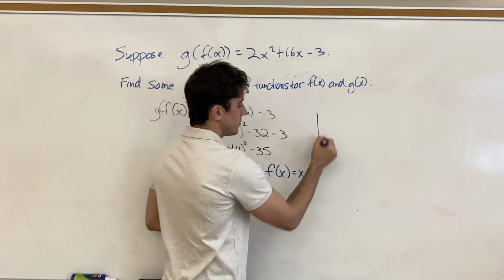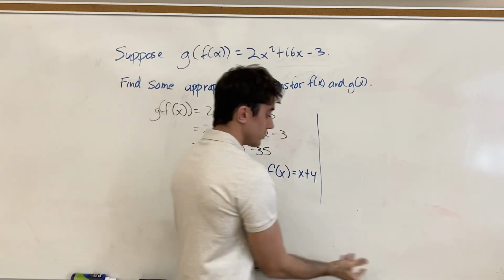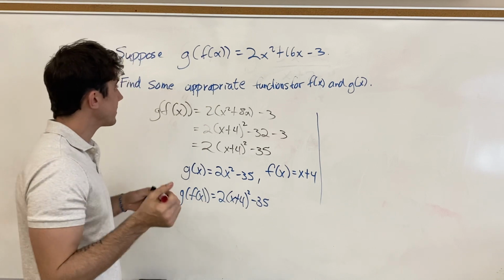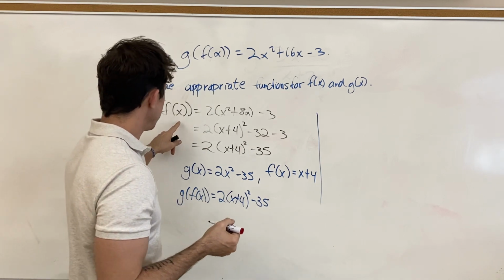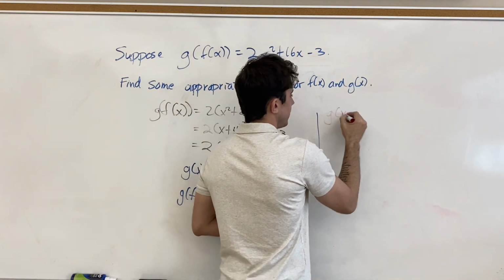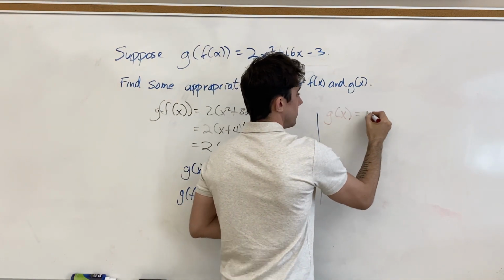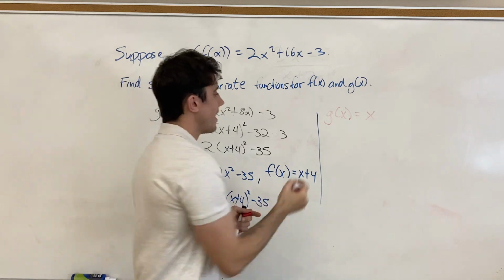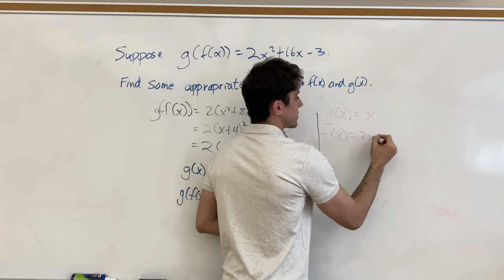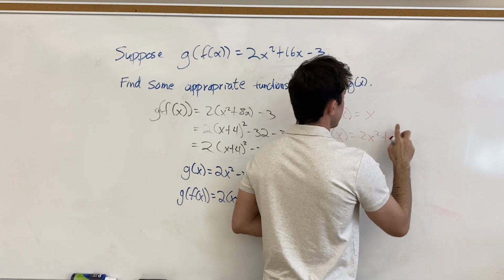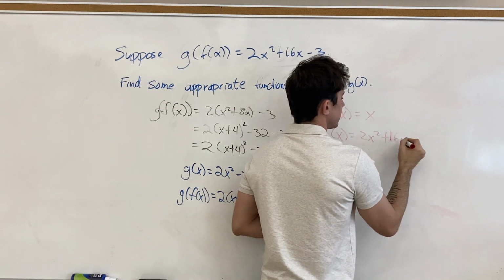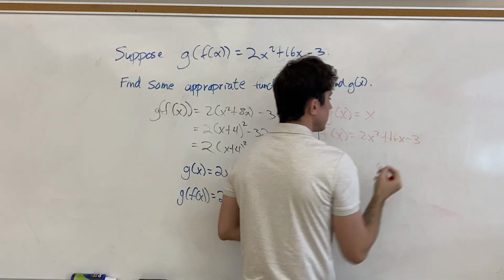Another much more straightforward one, which some of you might have jumped to right away, is we could literally make g of x be equal to x, right? And have f of x be 2x squared plus 16x minus 3, right?